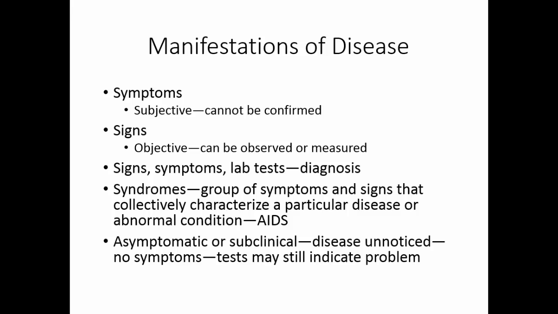Asymptomatic or subclinical diseases are diseases that go unnoticed because they have no obvious signs or symptoms. Sometimes you can do tests and you indicate that there's a problem, but you may not be able to pinpoint what the problem is. The cause of disease is known as etiology.